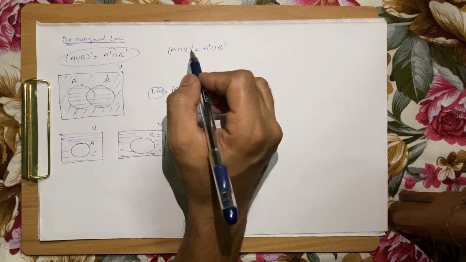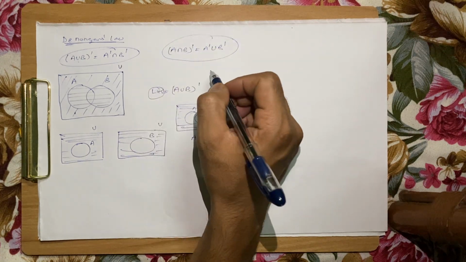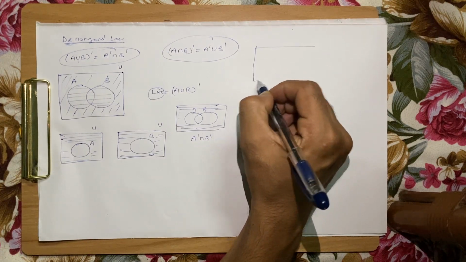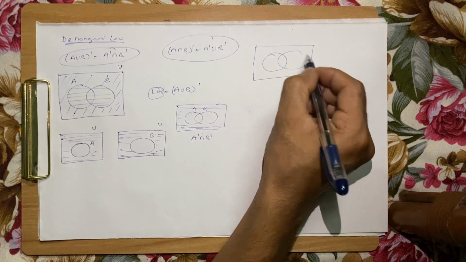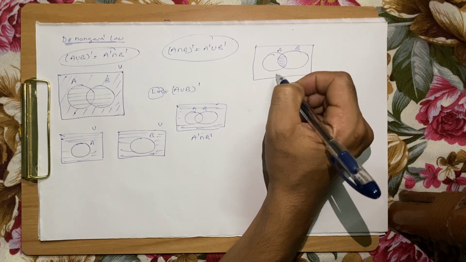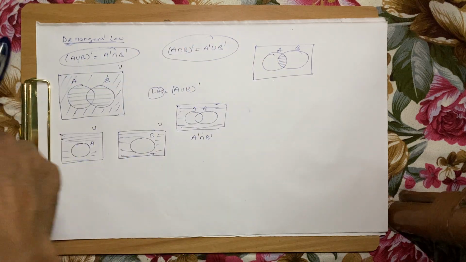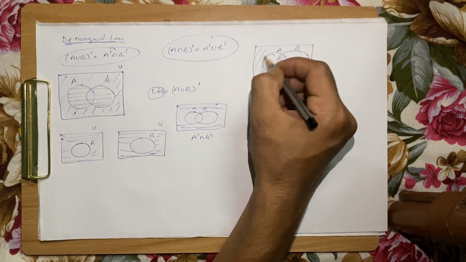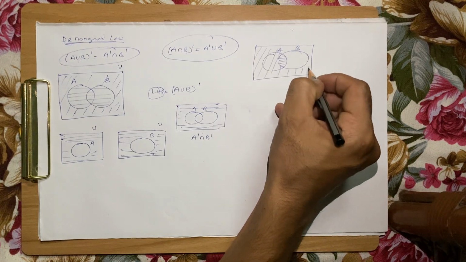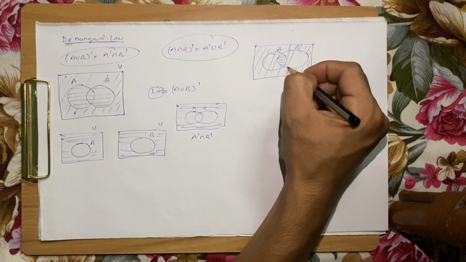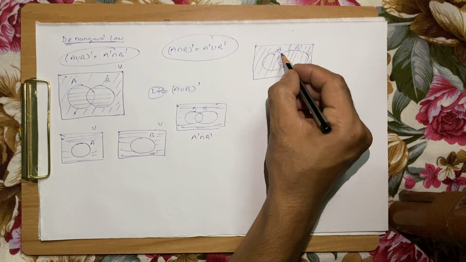The next one you can also prove by using Venn diagrams: (A intersection B) dash. Let there be A and B. This is A and this is B, and this is the common region, right? When you say (A intersection B) complement, it will mean all the outside region, including this part also, not just this part.